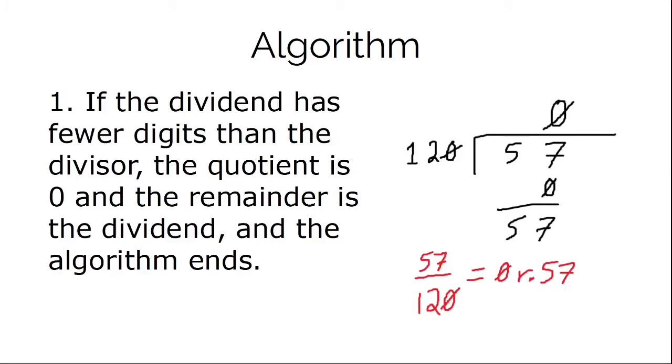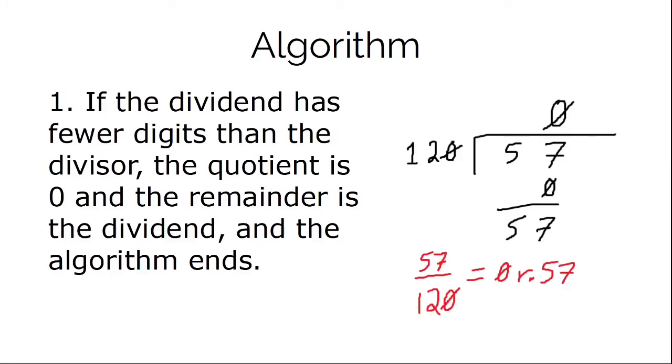So we went over this a bit at the start of the decimal algorithm, and it turns out that if the dividend has fewer digits than the divisor, the dividend is guaranteed to be less than the divisor.